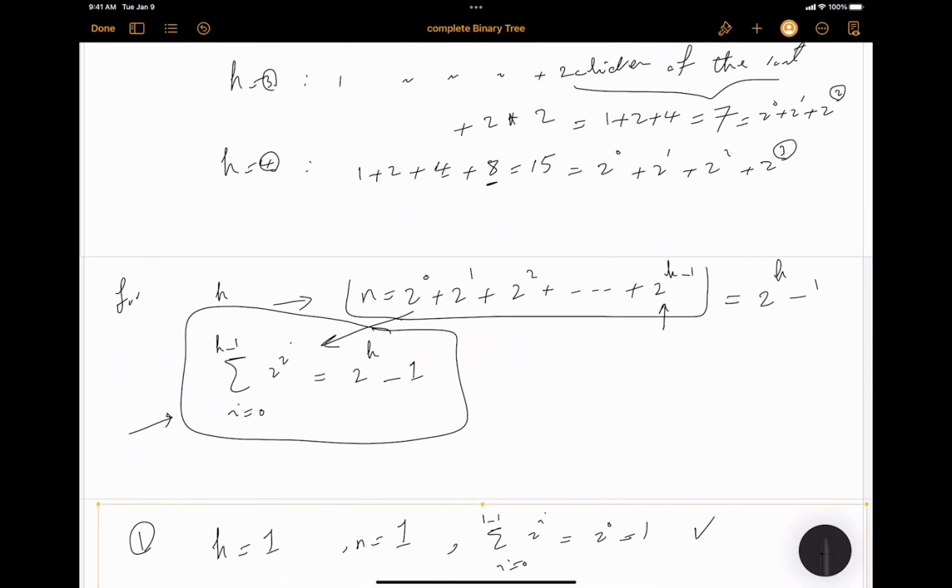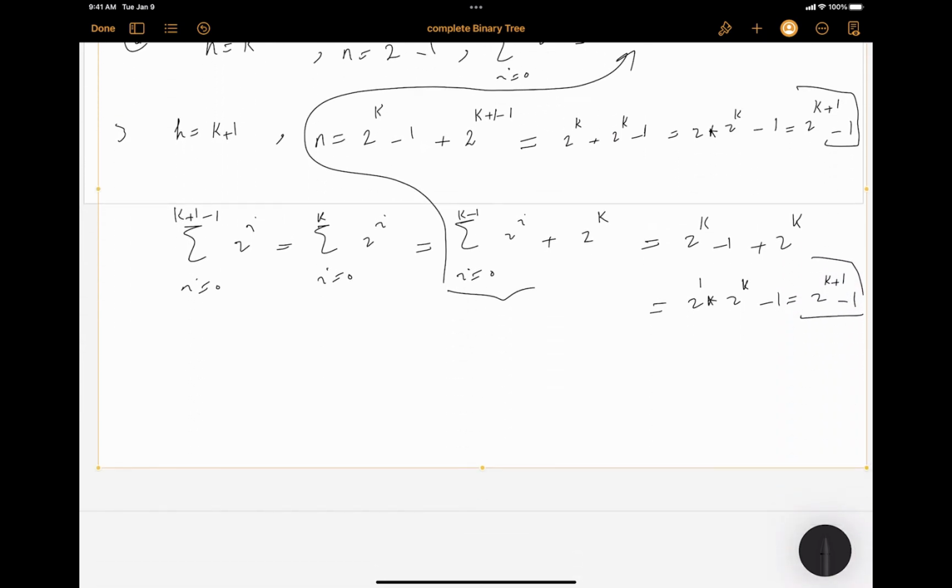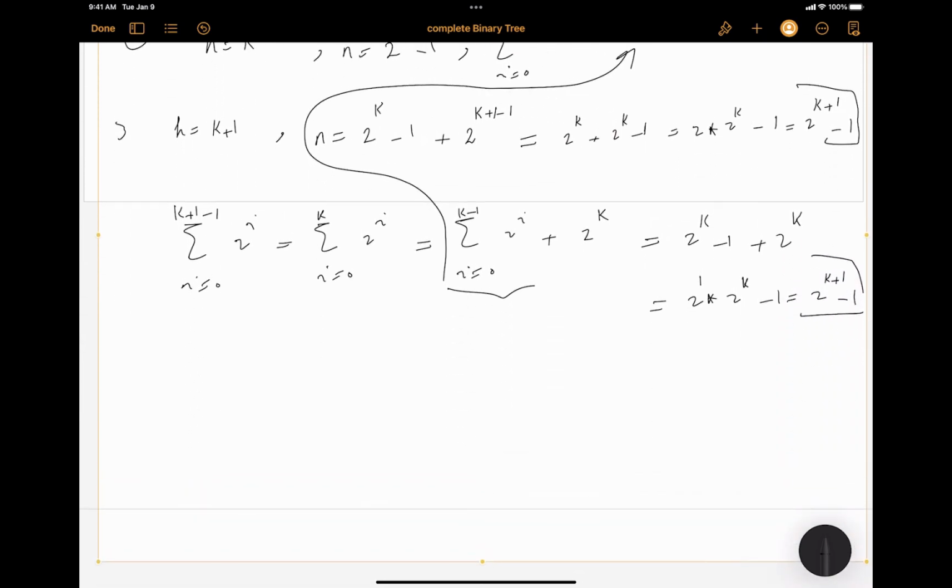So that's about the number of nodes in a complete binary tree: if the height of the tree is h, then the number of nodes is equal to 2 to the power h minus 1.